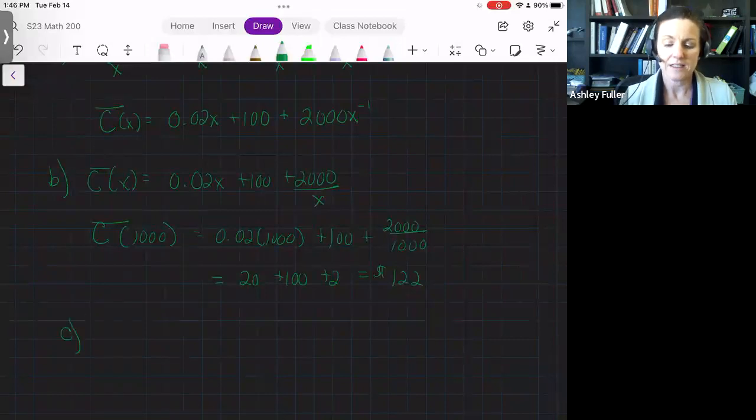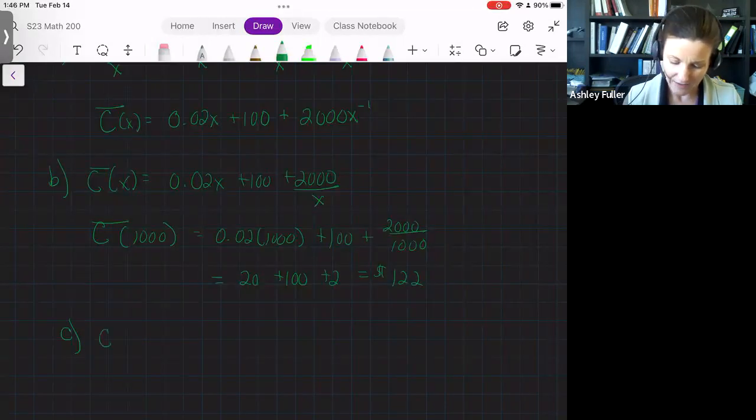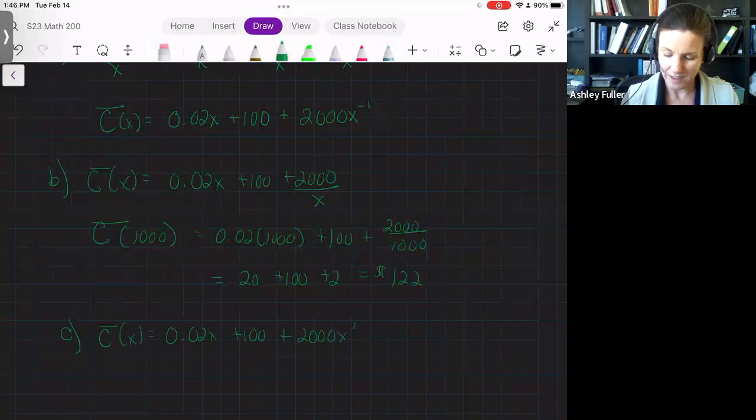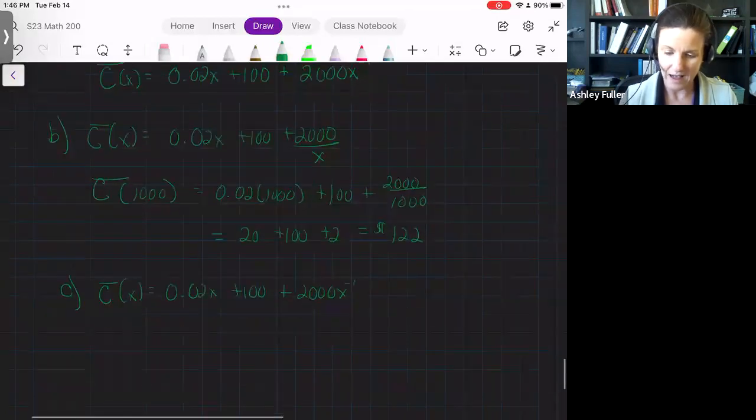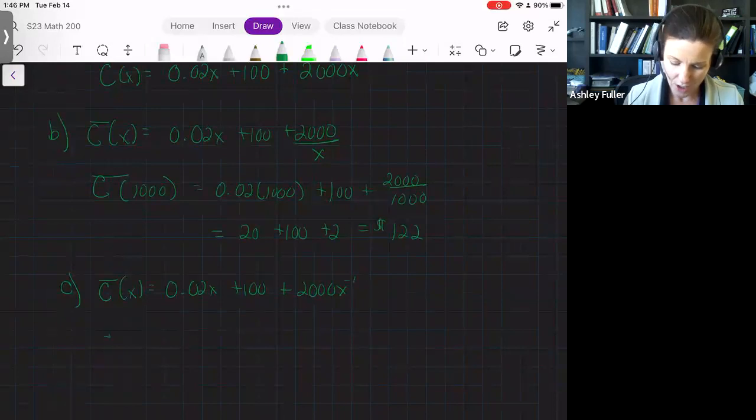Likewise, we can calculate the marginal average cost if 1,000 lawnmowers are produced. And so to do that, we're going to take the average cost. And again, this is where writing it with the negative exponent is helpful. And then to find the marginal average cost, we're going to take the first derivative of this, which gives us 0.02.